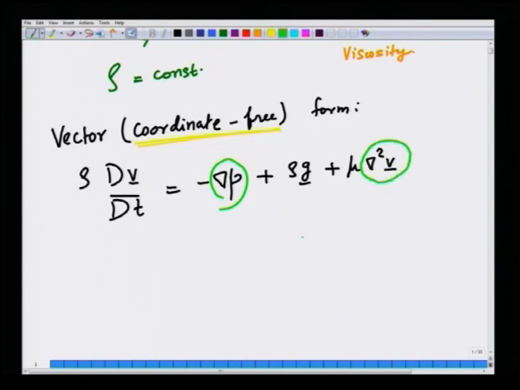Okay. These are normally tabulated in many textbooks. So, once you look them up in their respective sections, whether you require a Cartesian, cylindrical or spherical coordinate form, then you can write down these equations in those respective coordinate systems by writing the differential operators in the various coordinate systems.